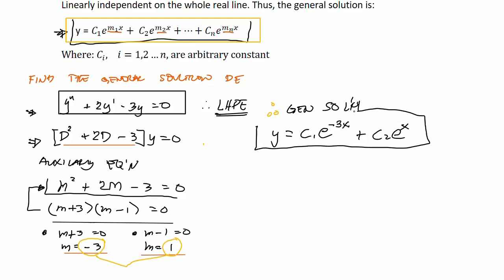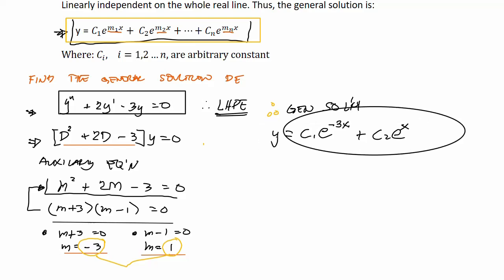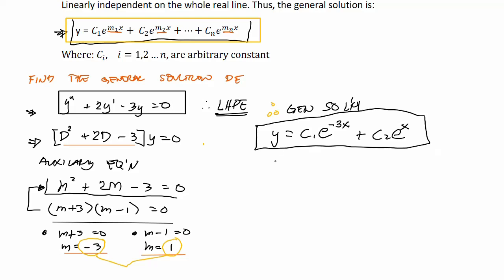So this is now our general solution for this given differential equation.